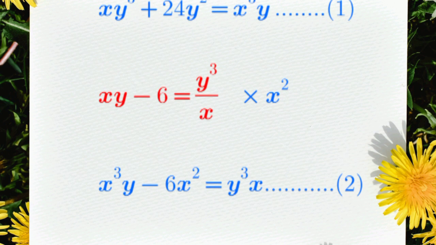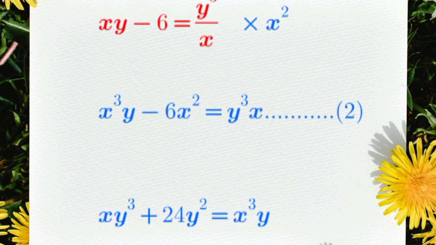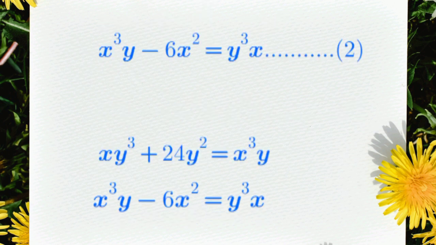Now the next step we're going to take is adding equation 1 and 2. So we're going to write them down. We have our equation 1, xy cubed plus 24y squared is equal to x cubed y. Then our second equation we have x cubed y minus 6x squared is equal to y cubed x.